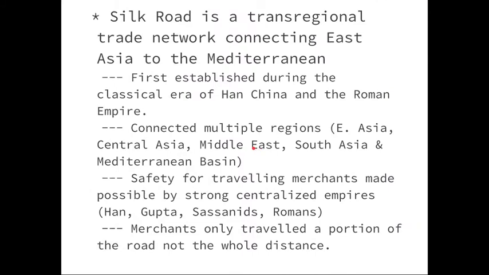And partly the reason is that we have these strong empires, because we need a strong empire that can protect merchants, that can keep roads working and not falling apart, can build bridges to cross over rivers and stuff. So during this time, we have multiple empires.